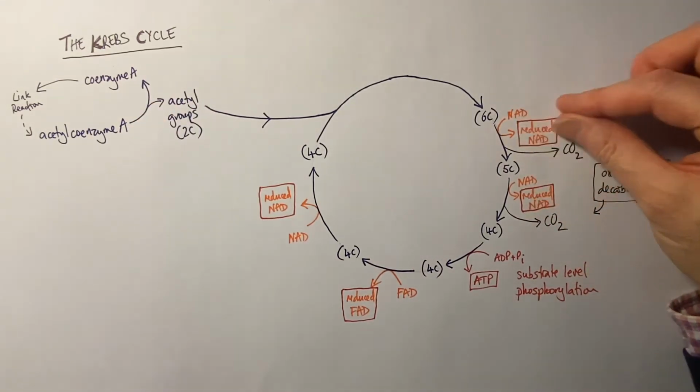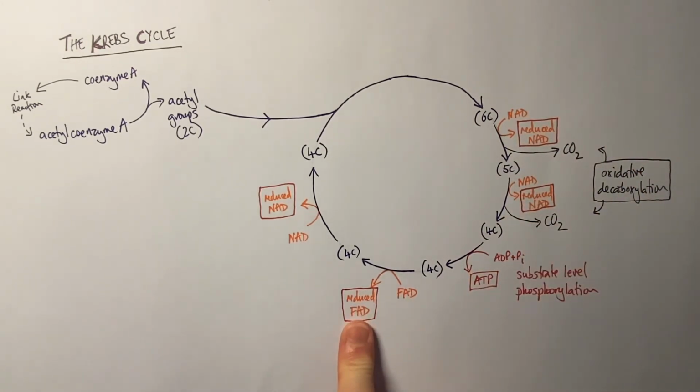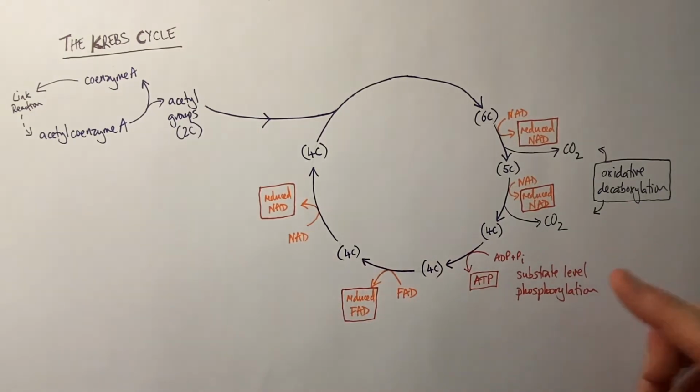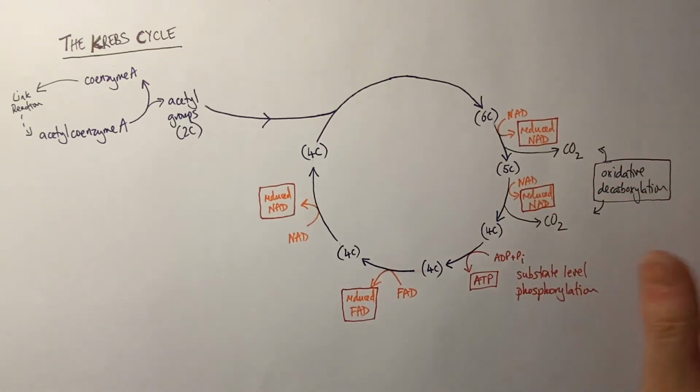So some hydrogens removed here, some hydrogens removed here, some is removed here, and some is removed here. And the process is taking away small groups containing chemical potential energy, which then can be used by the next stage to release energy to make ATP.